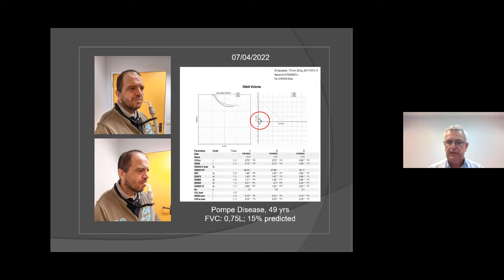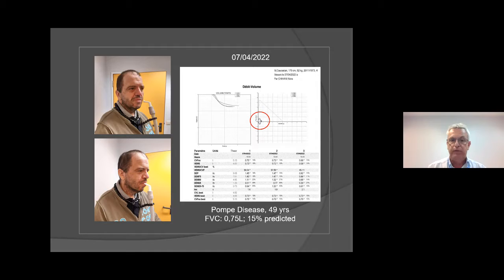My first slide was just to show you the problematic of mouthpiece ventilation, and immediately you see here on the left side of the slide, this man is an adult patient, almost 50 years of age. It's interesting, his vital capacity is extremely low, less than 1 liter.